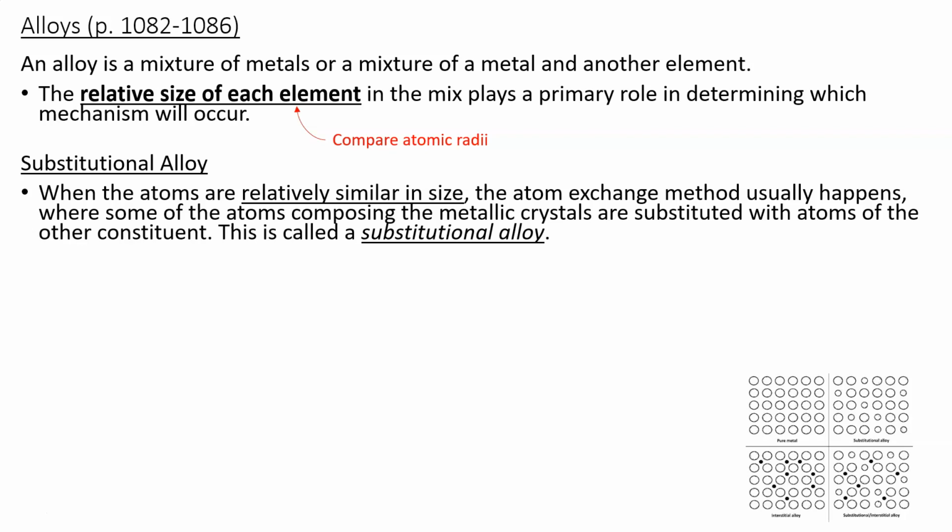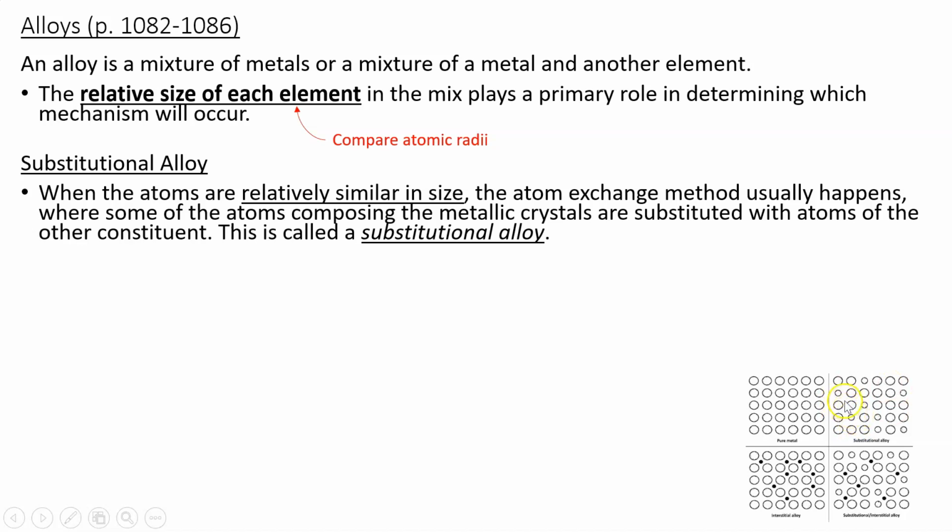The first type of alloy is called the substitutional alloy. It kind of sounds like what it is. Substitutional just means there's a substitution taking place. That's when the atoms are relatively similar in size. So you see this top right example.